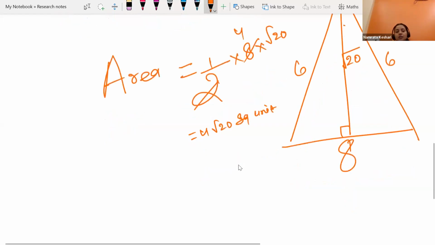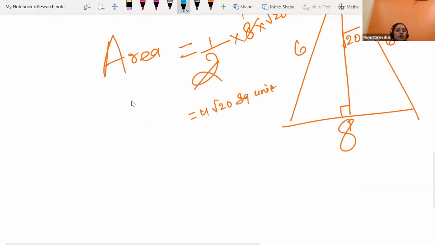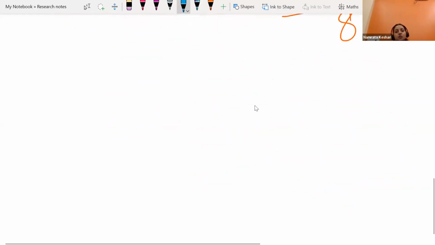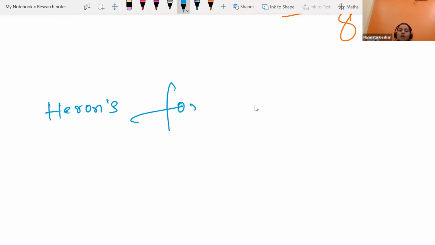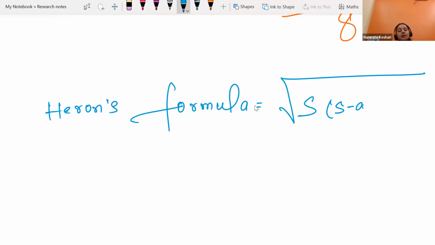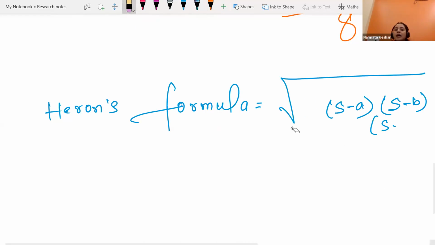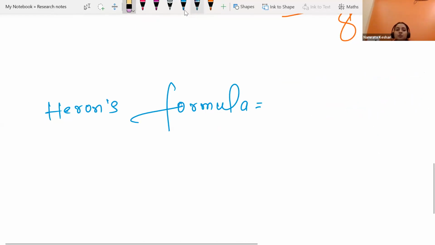Okay, we mathematicians thought that now you are mature enough, now you can understand the logic. Let's start giving you the logic. Now Heron, one of the mathematicians, says that I am having a magical formula which is called Heron's formula, and with the help of my formula you can find the area of any triangle, be it scalene triangle, be it isosceles triangle, be it equilateral triangle, be it right angle triangle, be it obtuse angle triangle.